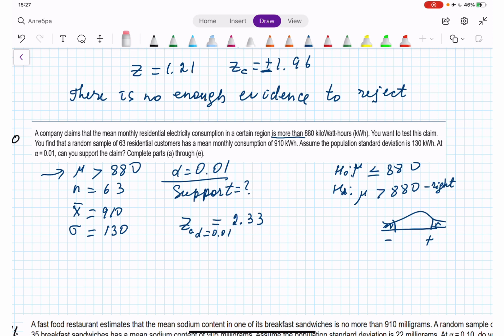Next, I need to identify the rejection area. Here we don't have to go through the p-value. We just compare z critical to the standardized test statistic, which we find through calculation.